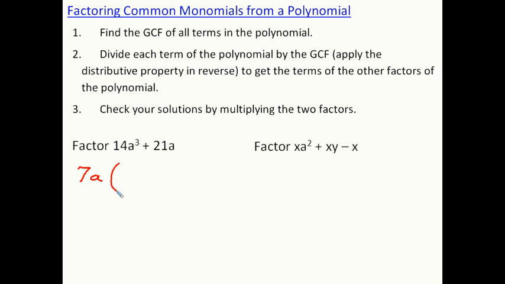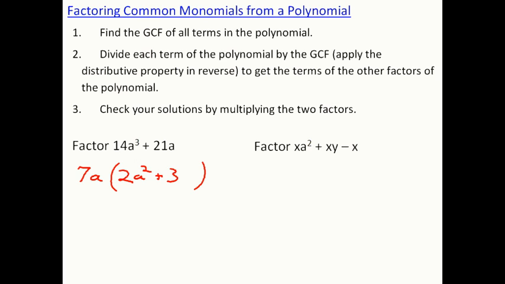Then it says divide, and we have talked about this in a couple of different ways. We could divide here: 14 divided by 7 is 2. A cubed divided by a is a squared. We have our plus sign. 21 divided by 7 is 3, and a divided by a is just 1. So that is our answer.